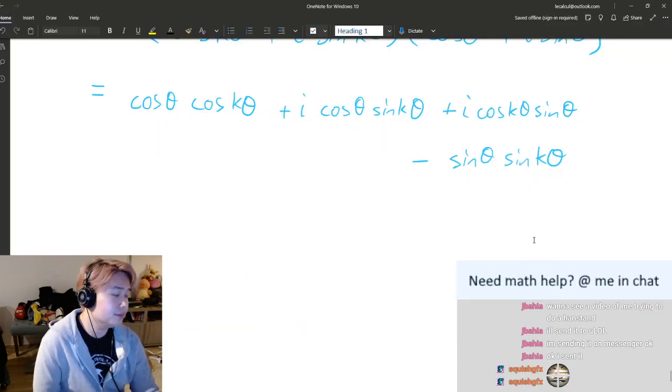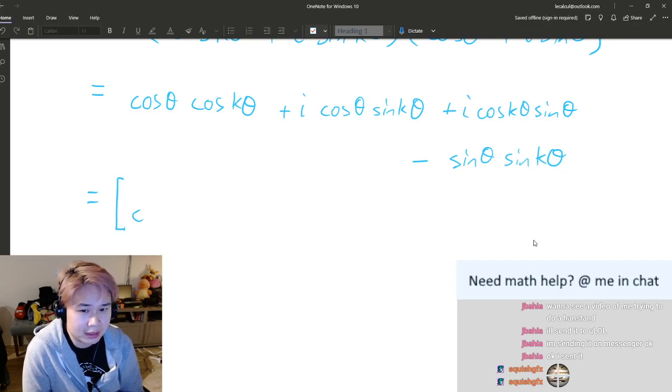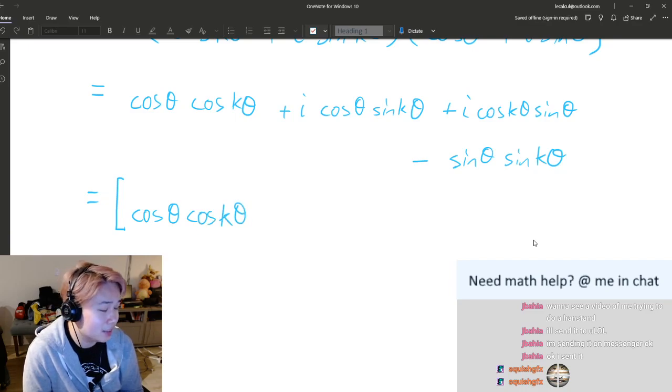So here, I knew this would happen. Okay, if I gather all of my real components, I should have been able to see this, but I guess it's late night, and my brain is not at full capacity anymore.